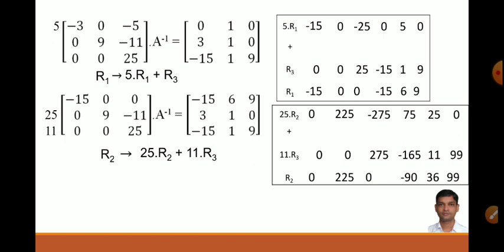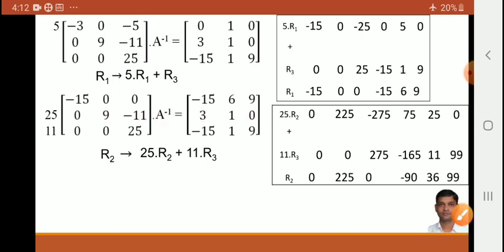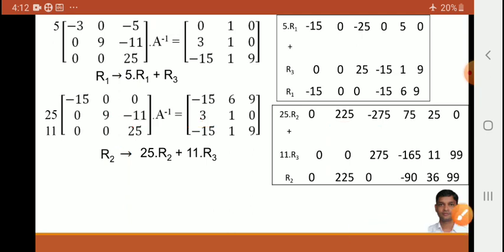25 into R2, 25 into 0, 25 into 9, that is 225. 25 into 11 minus 275. 25 into 3 is 75. Now multiply R3 by 11.